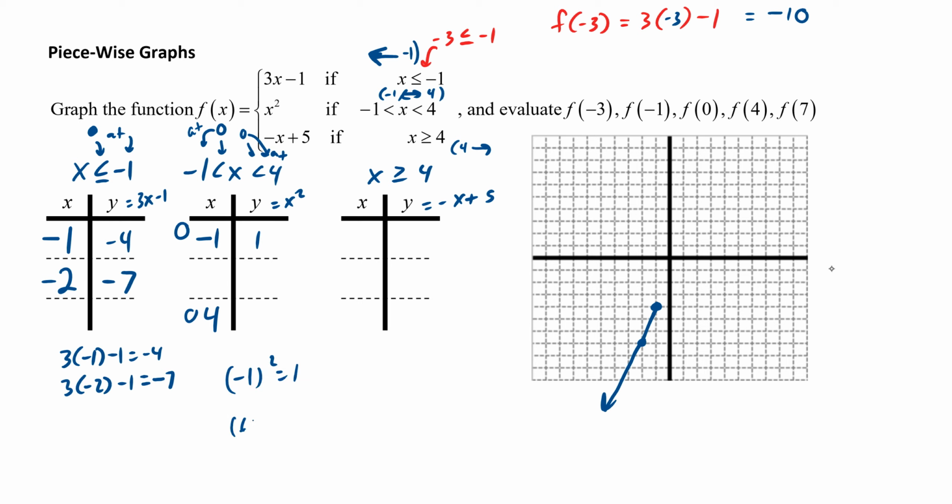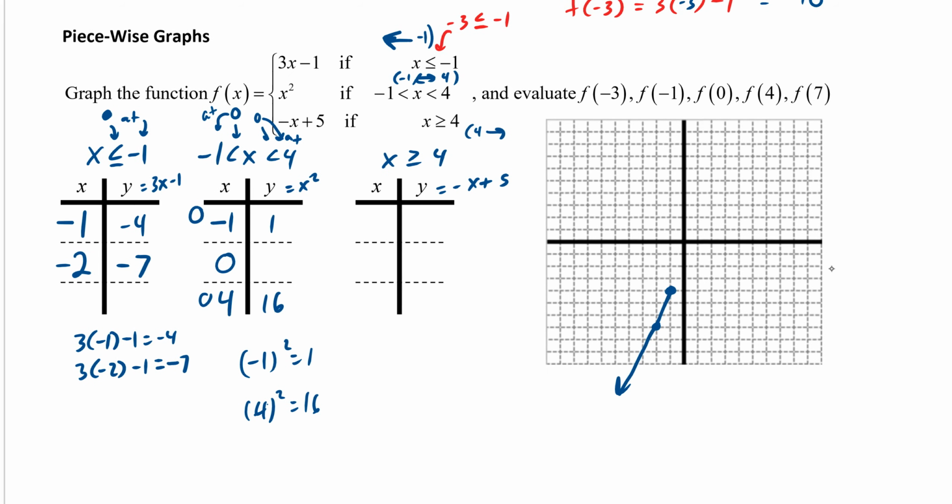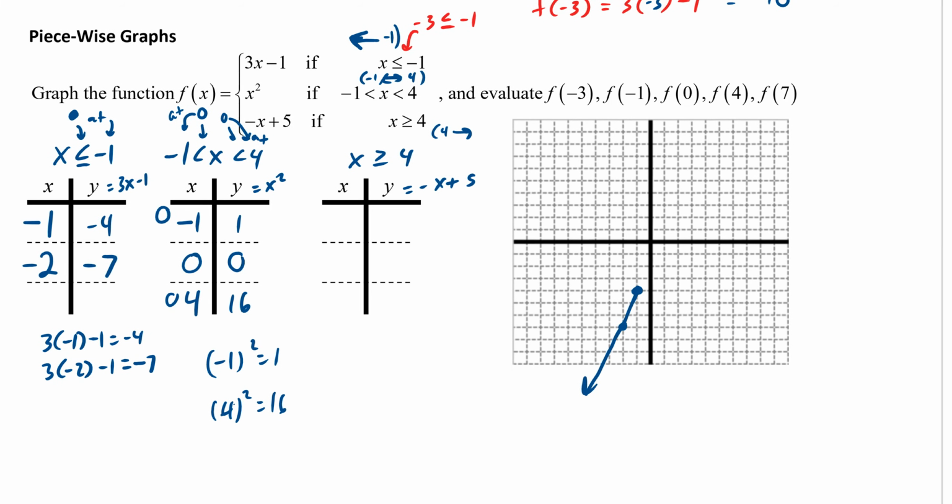And we plug in 4, we get 16. Now, if you remember parabolas, we want to think about that vertex. So if you have an x squared, you want to plug in 0. So 0 squared is 0. And those are our 3 points that we will graph. So negative 1, 1, put an open dot, 0, 0, it's part of the function. And this is open dot.